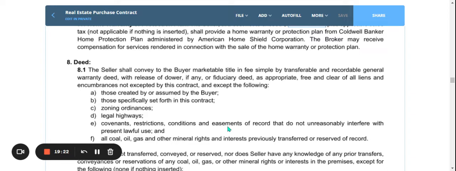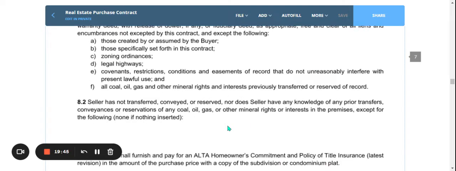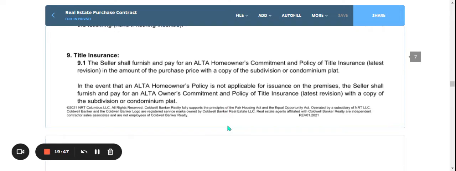Conditions or easements: if your neighbor has a legal easement to use your driveway to cross over to their house and they have the paperwork to show it, these things do exist. You just have to deal with it, because that was an easement that came with your land. Same thing with zoning ordinances or anything set forth. So you get the good, the bad, and the ugly.